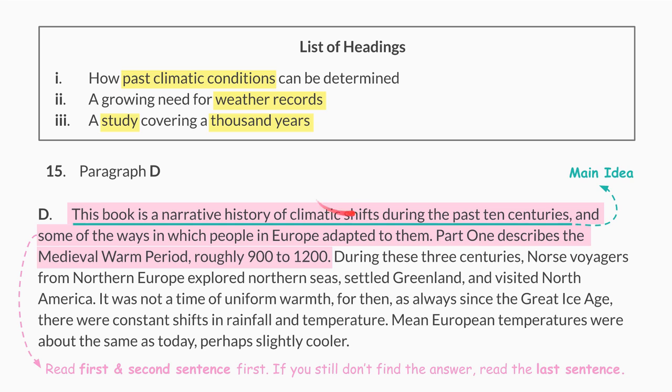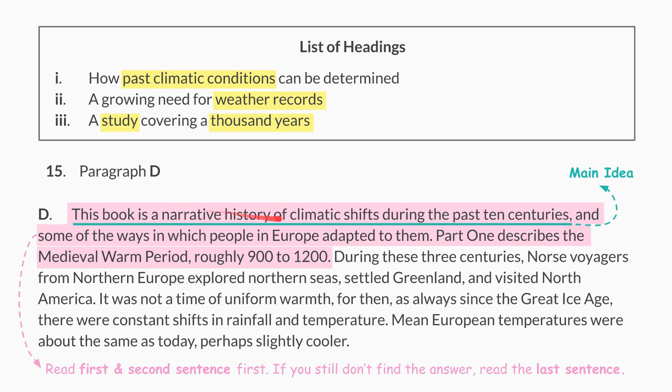It's going to give more details regarding this main idea. So that is the main idea, and this is an important skill. You have to be able to identify, based on the first two sentences, the main idea of that paragraph. So in this case, this portion underlined in the green color is our main idea.